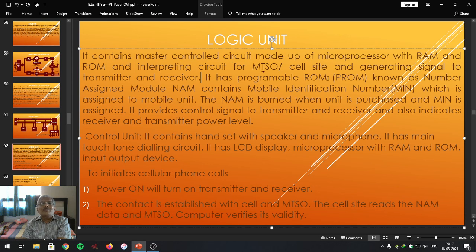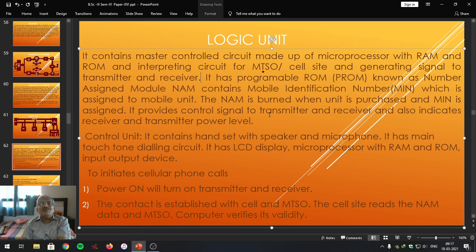So that is represented here. It has a programmable ROM, that is PROM, known as the number assigned module or number access module, that contains the mobile identification number, that is MIN, which is assigned to the mobile unit. The NAM is burned when the unit is purchased and MIN is assigned.